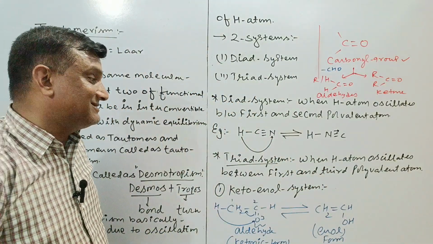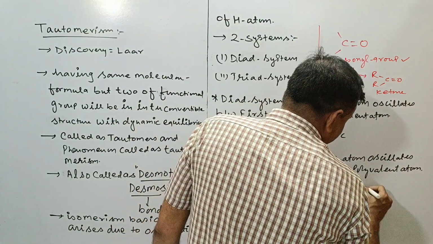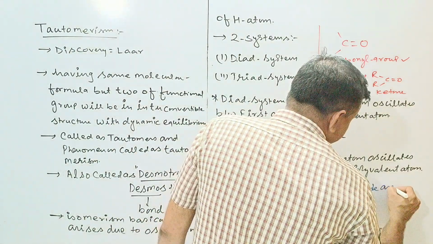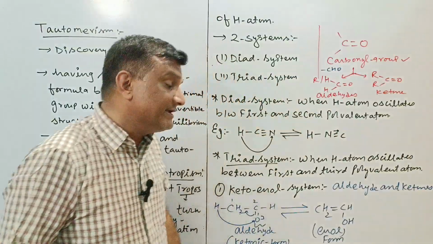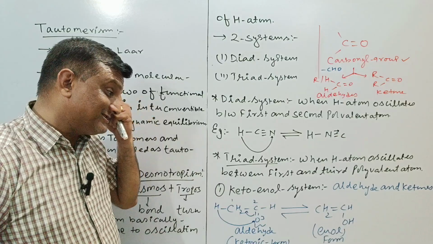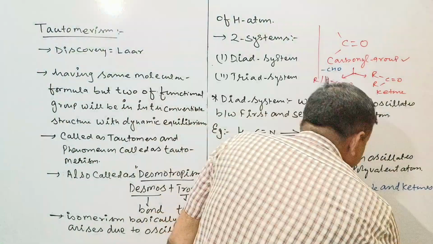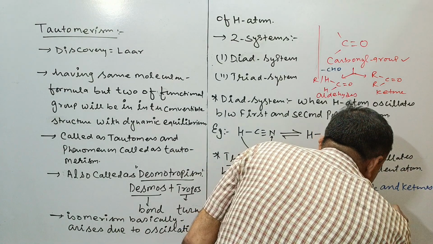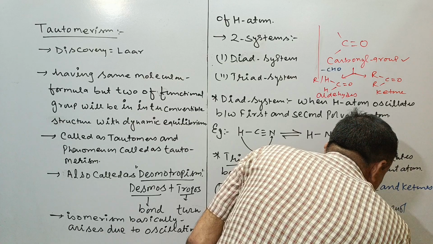Keto-enol isomerism is a basic property of just aldehydes and ketones. Remember one thing: if we go with the stability of the forms, then the keto form will be more stable than the enol form.